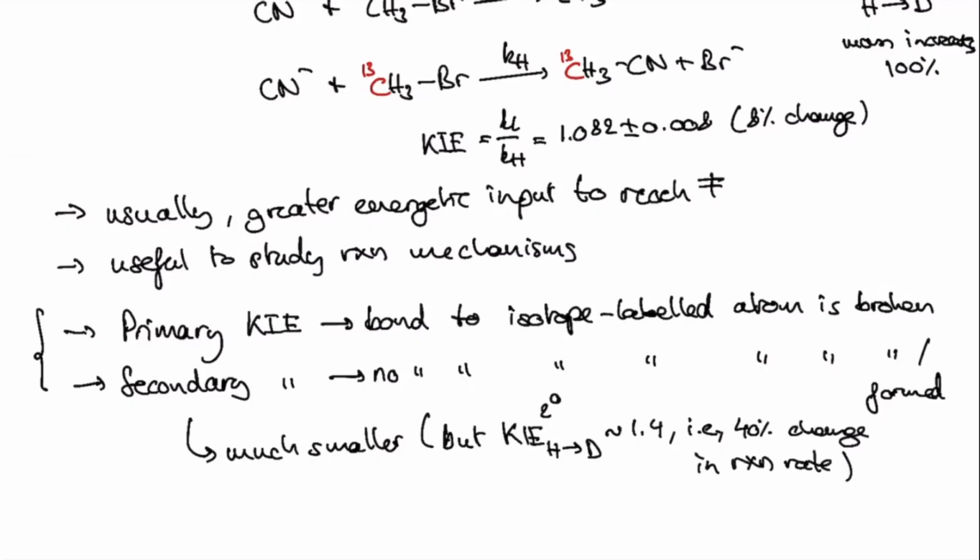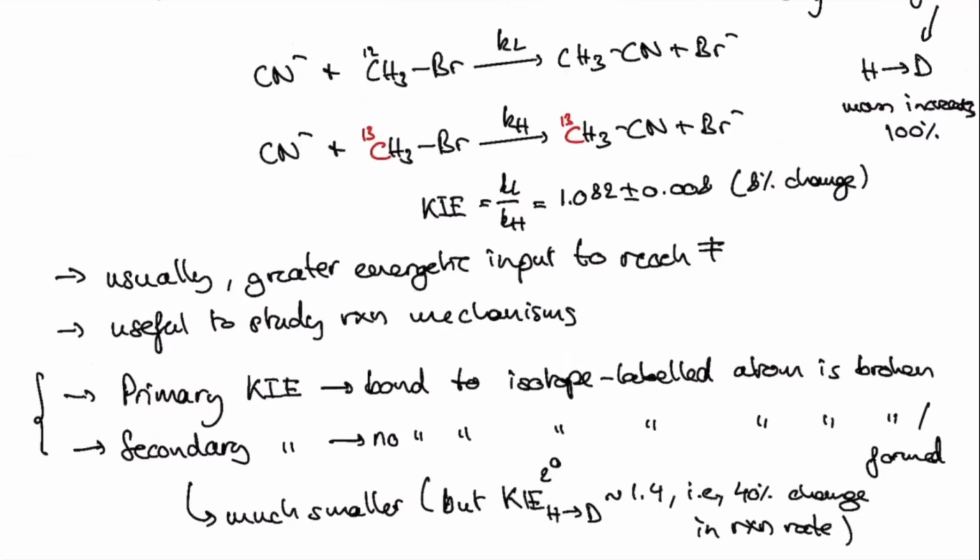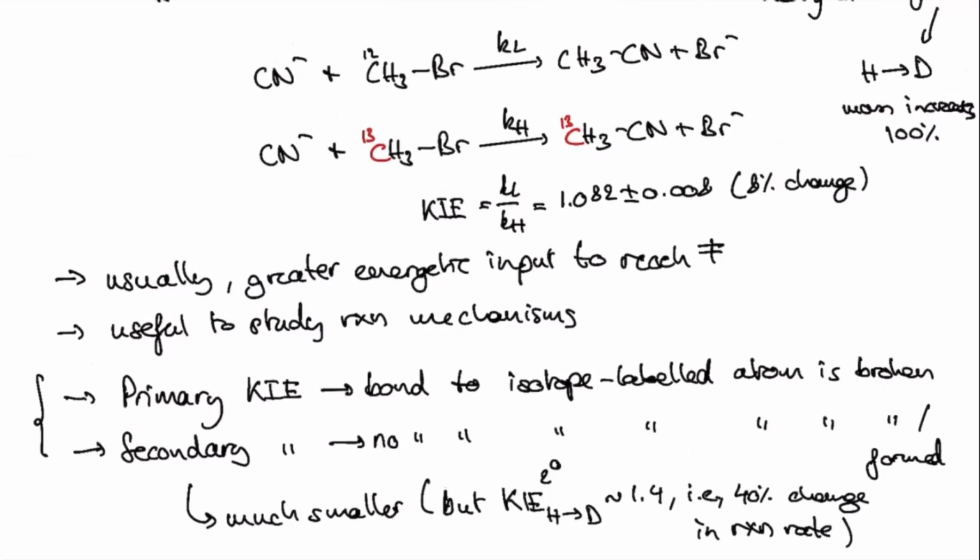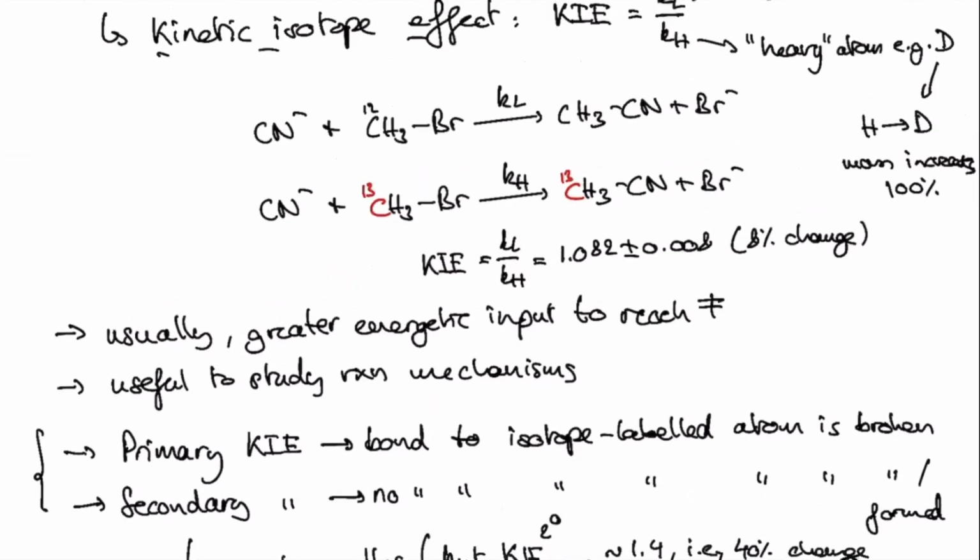So the secondary effect for hydrogen to deuterium can be larger than the primary one for carbon, because for carbon, from carbon 12 to carbon 13, you only have a small change in mass, whereas from hydrogen to deuterium, the mass increases by 100%.